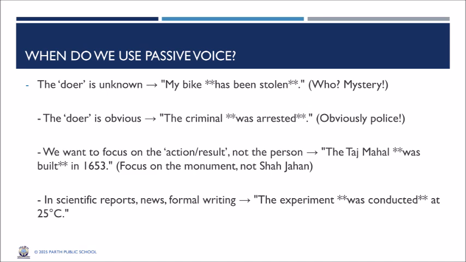And lastly, while making some reports, scientific reports or formal writing. Examples are: my bike has been stolen. It's a mystery. Nobody knows. The doer is unknown. So, my bike has been stolen. The criminal was arrested, obviously by the police. So, we write such sentences in the form of passive voice.